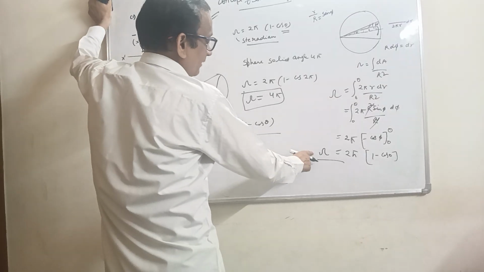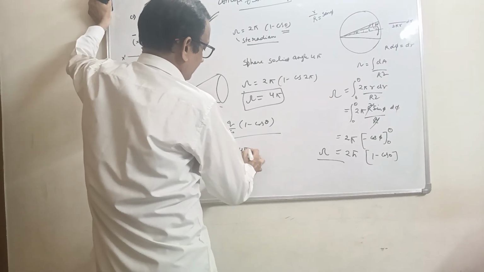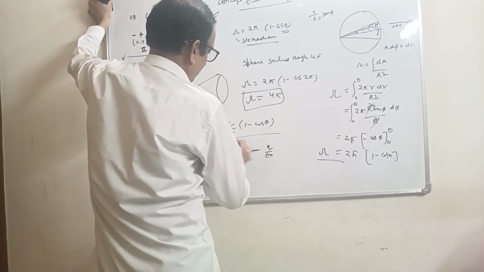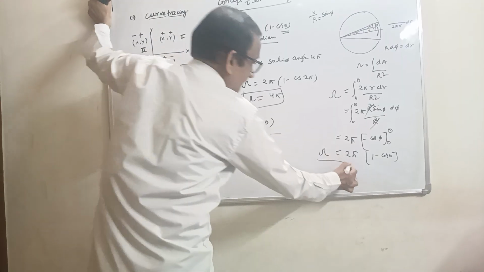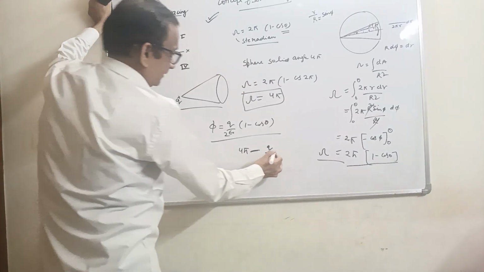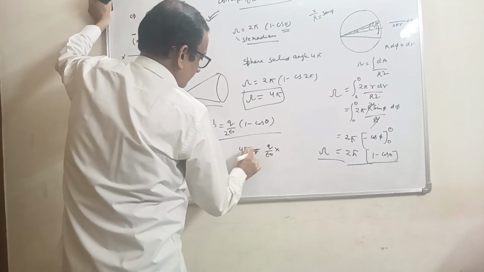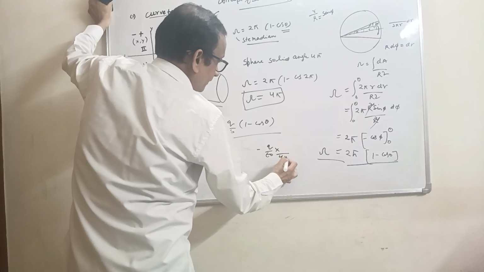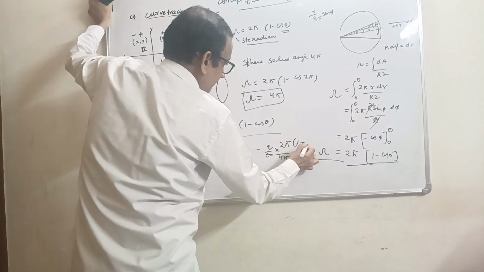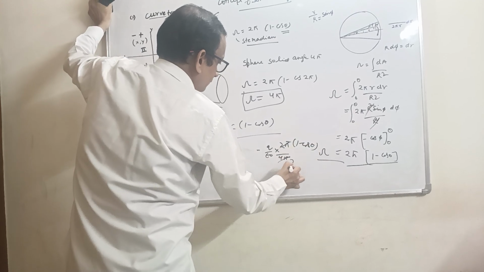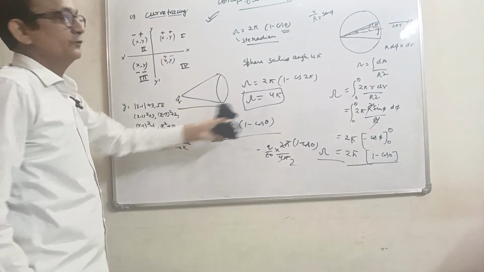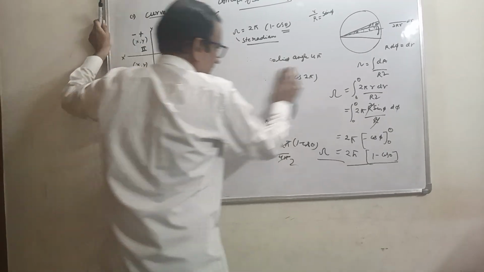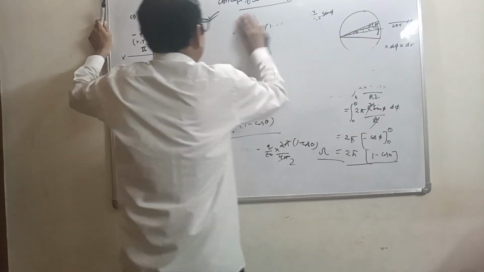For subtended solid angle 4 pi, the flux would be q upon epsilon naught. So for this solid angle, the flux would be calculated by 4 pi upon 2 pi (1 minus cos theta). The 2 pi cancels, so this is by the unitary method.